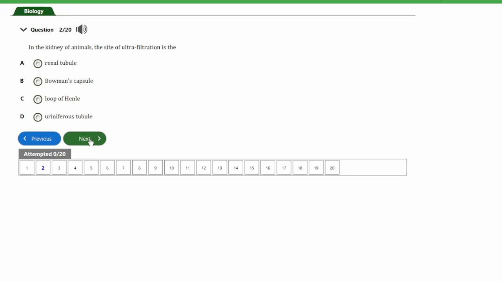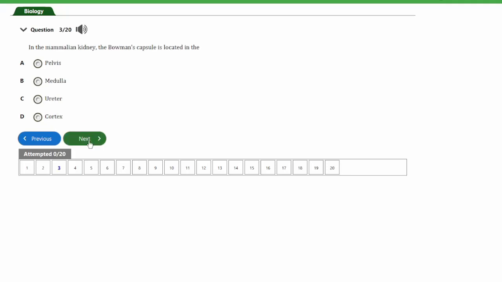The Bowman's capsule is where filtration takes place in the kidney. So it's the first part of the kidney nephron, where substances are filtered across this cup-shaped structure known as the Bowman's capsule. So this is actually the first step in the filtration process.